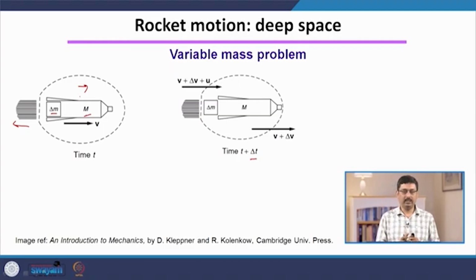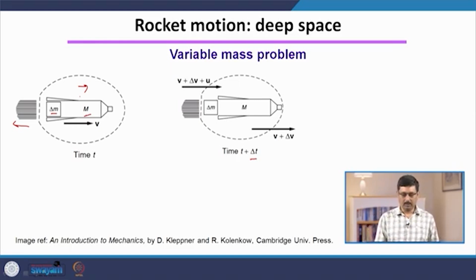That version is really useful in this case because this is a variable mass problem. The rocket's mass is changing with time, so it is confusing to look at what the momentum is. You have to be careful. So let us analyze this problem.